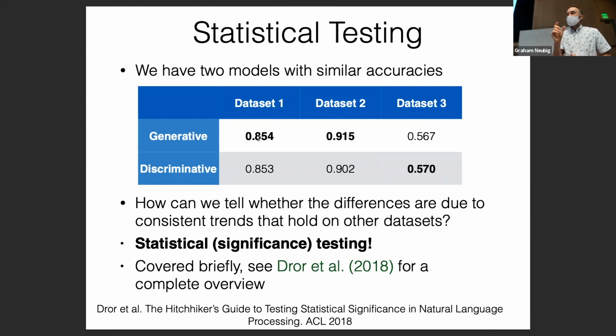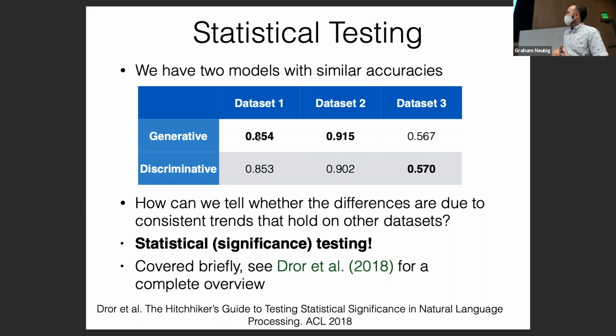You can also report confidence intervals. I actually sometimes hesitate to report confidence intervals here because a lot of people don't understand that the confidence intervals are telling you how much the models will vary due to data set selection.